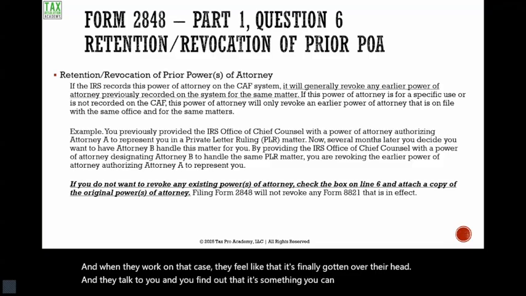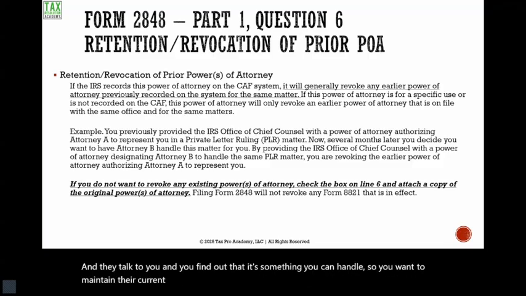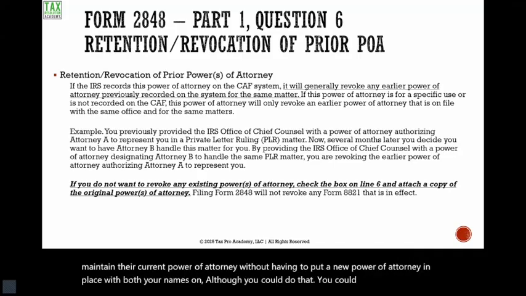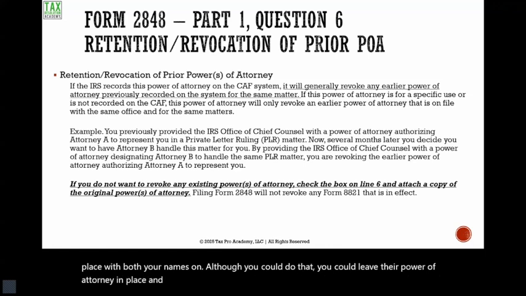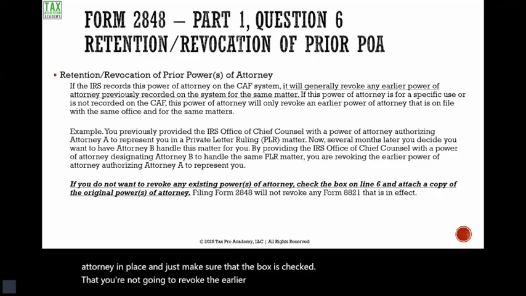So you want to maintain their current power of attorney without having to put a new power of attorney in place with both your names on, although you could do that. You could leave their power of attorney in place and just make sure that the box is checked that you're not going to revoke the earlier power of attorney. Okay, so that's one example.